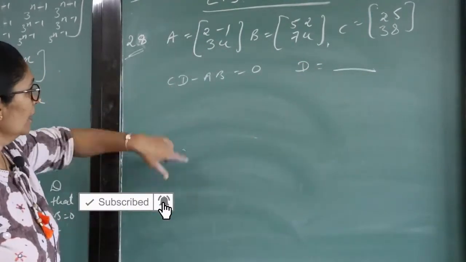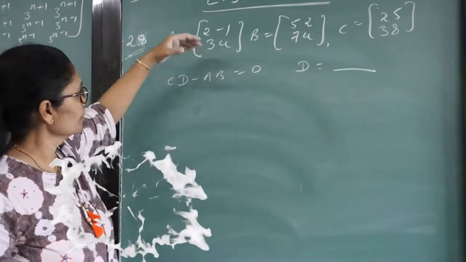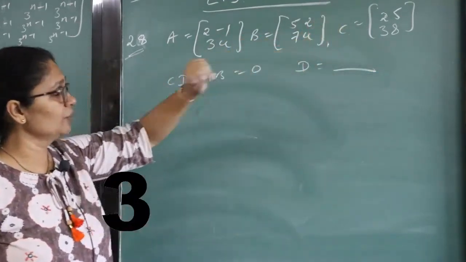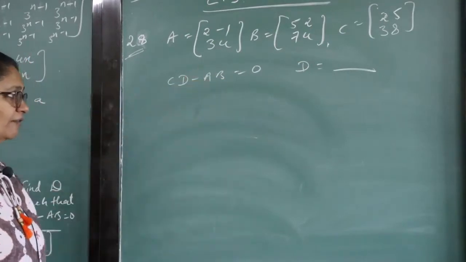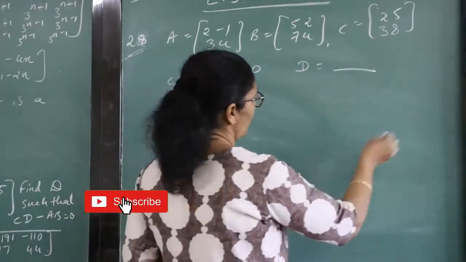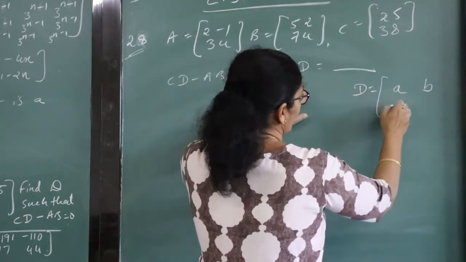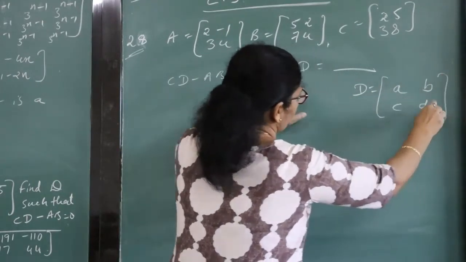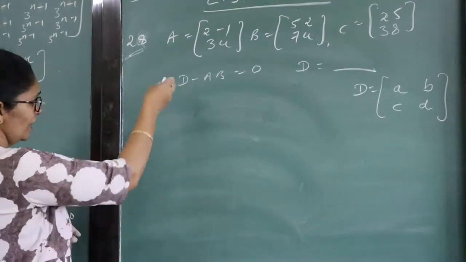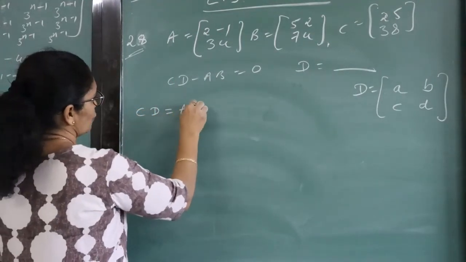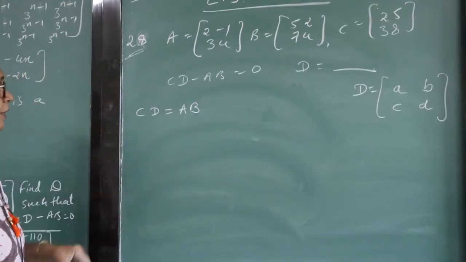Now remember, multiplication is given, subtraction is given, and all three matrices are given with order 2 by 2. So definitely our matrix D is also 2 by 2. Suppose our D will be a, b, c, d. We have assumed this. Now let's start with the relation CD minus AB equals 0, so we can take CD equal to AB.